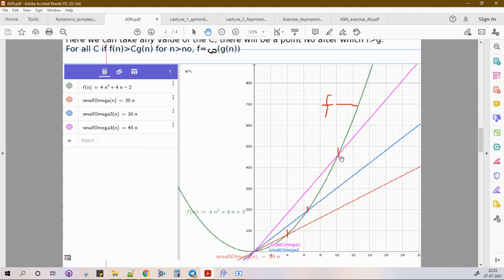The threshold will change actually, n0, or you can say K, right? This value of n0 will change, but after that your function will always be greater than your G, right? So your function is greater than this line, pink line, this blue line, and red line, correct? So that's how this small omega is defined.